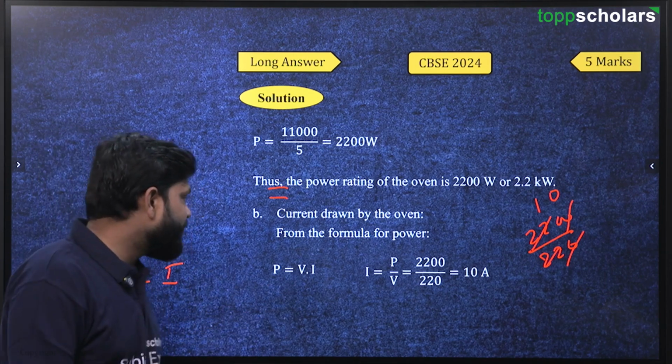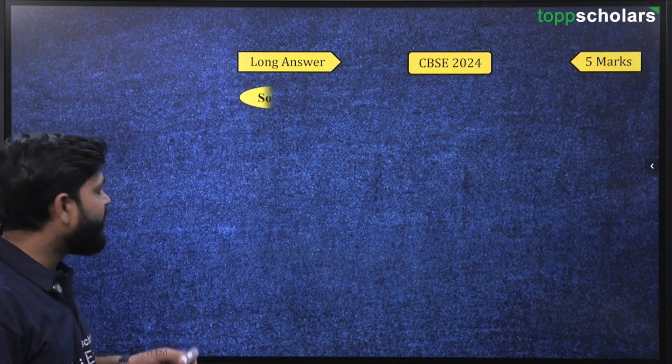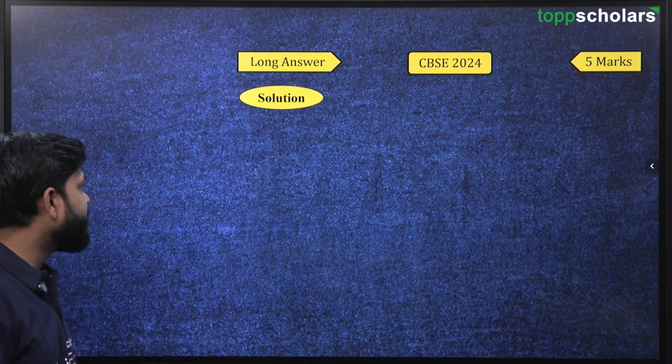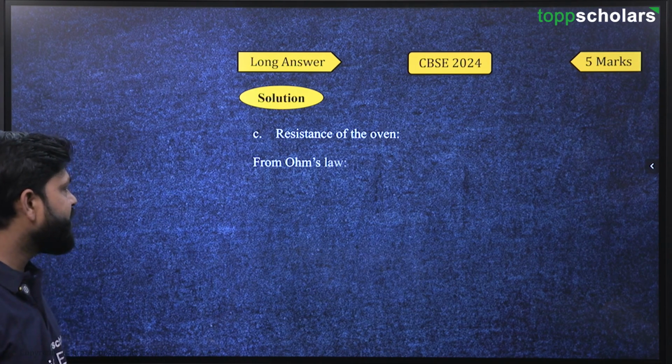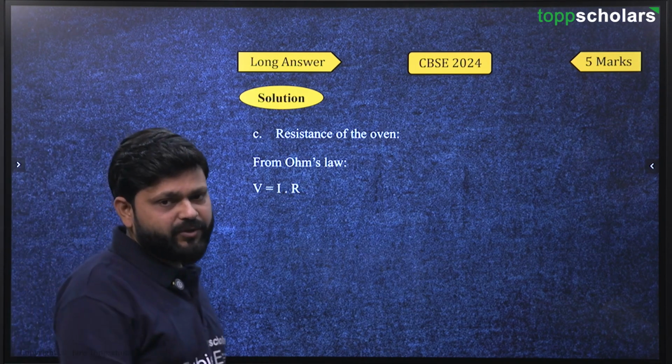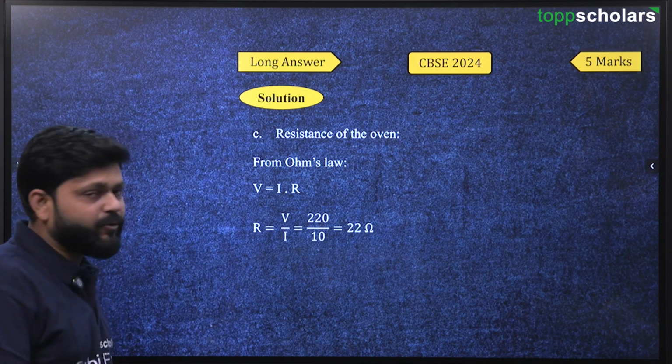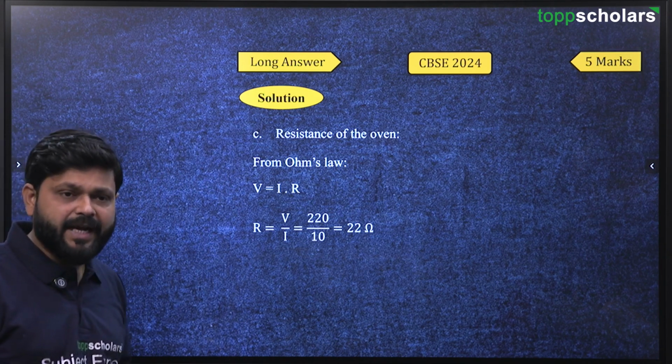Now the third part of this question is, current we have found, we need to find resistance R. From Ohm's law we know that V equals IR, and we have V and we also have I in this question.